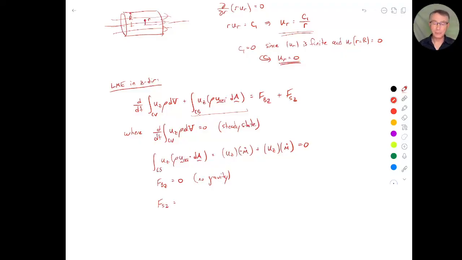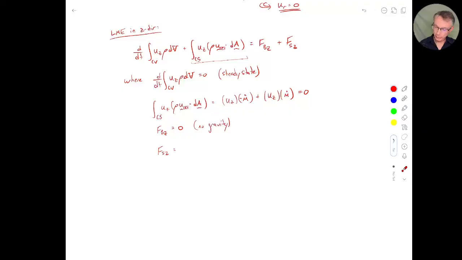Okay, so for the surface force term, let me redraw the picture of the control volume. So we have, I'm going to look at it from the side. Again, this is dz here. And on the left-hand side we could have a pressure force acting on the side.